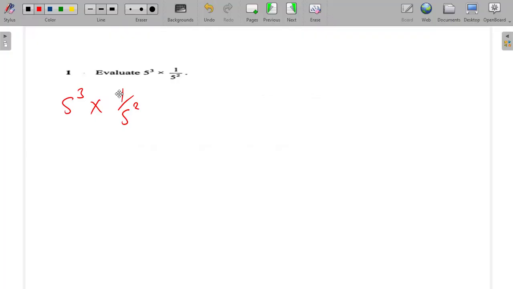So these are indices, isn't it? According to the laws of indices, when a number is written like a fraction, it can also be expressed as 5. Now, if it's a fraction and it has a power, we can express this power as a negative. So that 2 there can be expressed as negative 2.